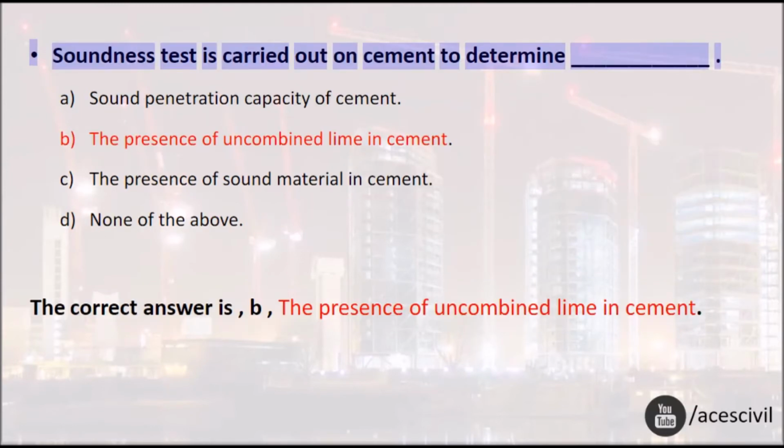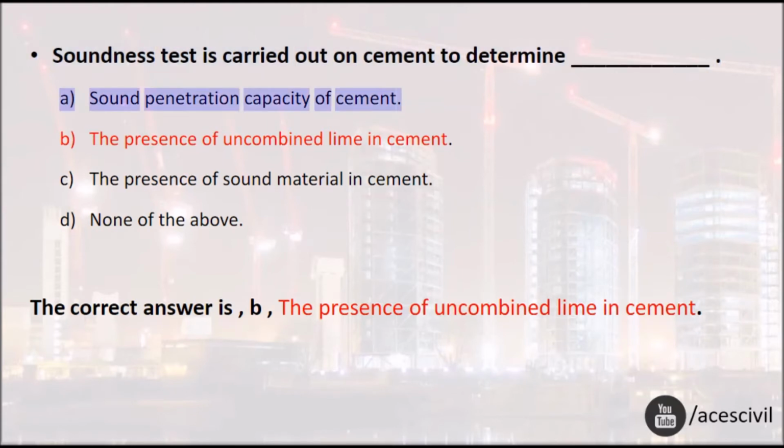Soundness test is carried out on cement to determine A. Sound penetration capacity of cement, B. The presence of uncombined lime in cement, C. The presence of sound material in cement, D. None of the above.